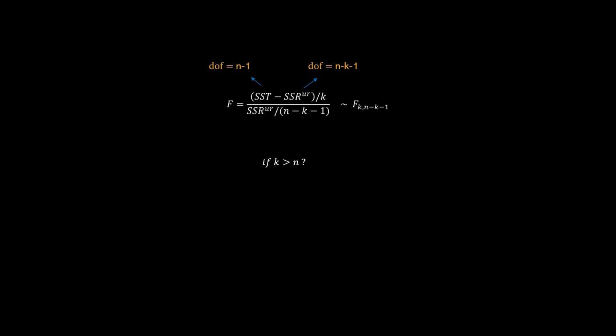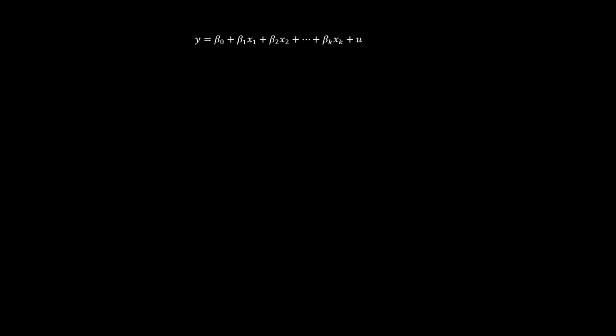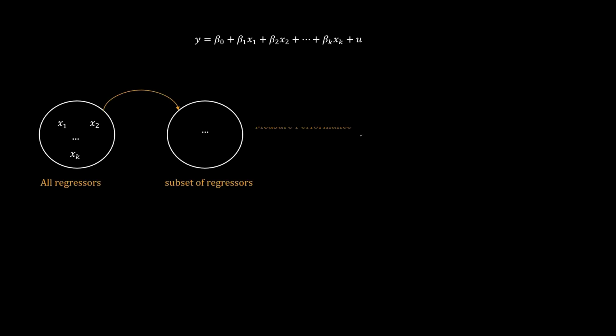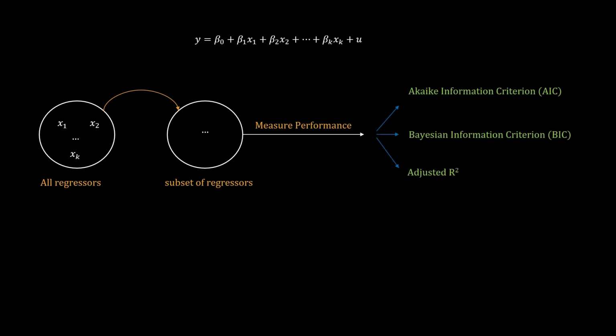So the question is, how do we choose important predictors? Ideally, we should try all possible mixes of different models. Then we can compare the model performance using suitable measures such as Akaike information criterion, Bayesian information criterion, or even adjusted R-square, and choose the model that has the best performance.